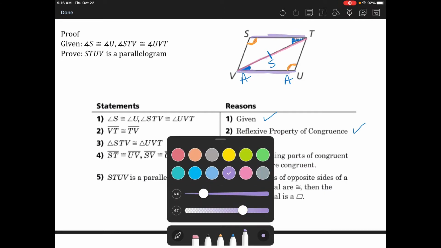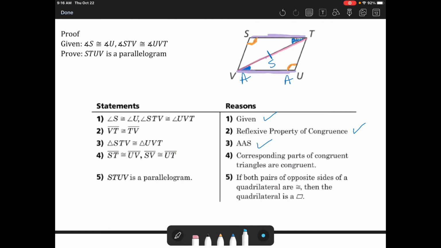So opposite sides of a parallelogram are congruent. And SV is congruent to TU. Okay, and that's by the corresponding parts. So we conclude that it is a parallelogram because if both pairs of opposite sides of a quadrilateral are congruent, then the quadrilateral is a parallelogram.